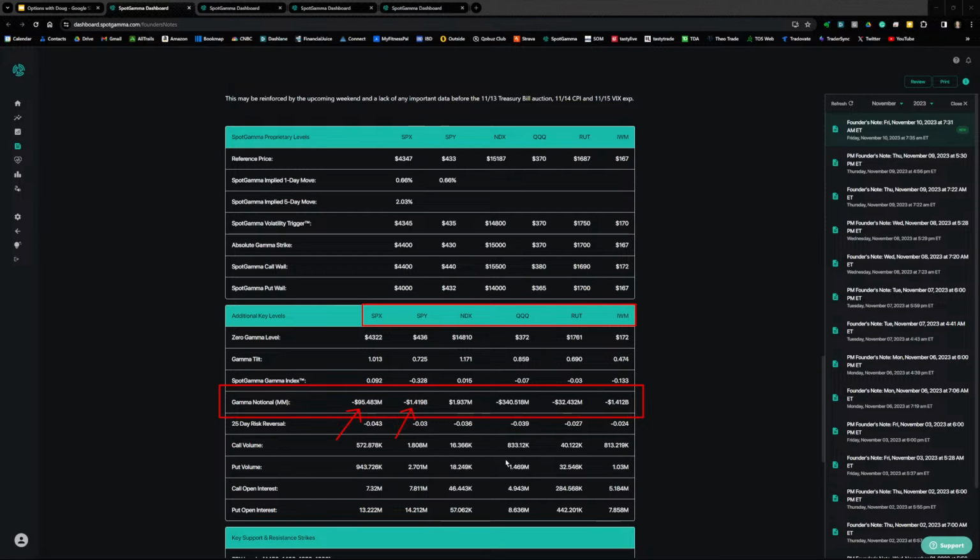So this indicates for all of these index products that at the beginning of the day, traders were long puts, market makers are short puts, and they have to trade in the direction of price to hedge their delta exposure.